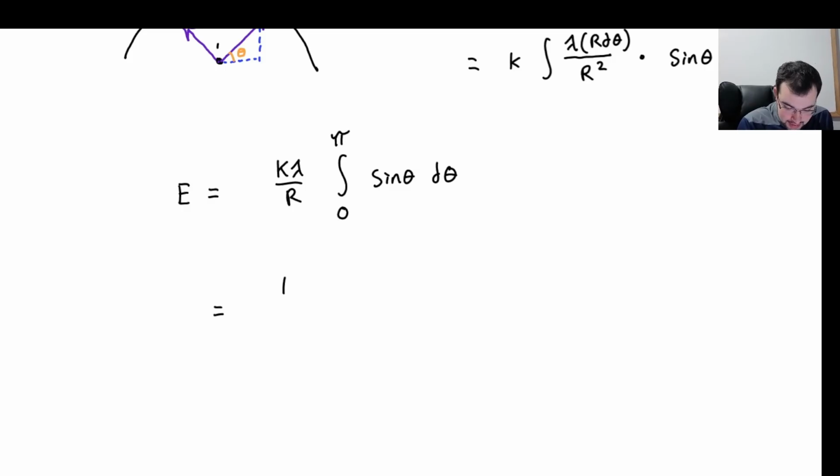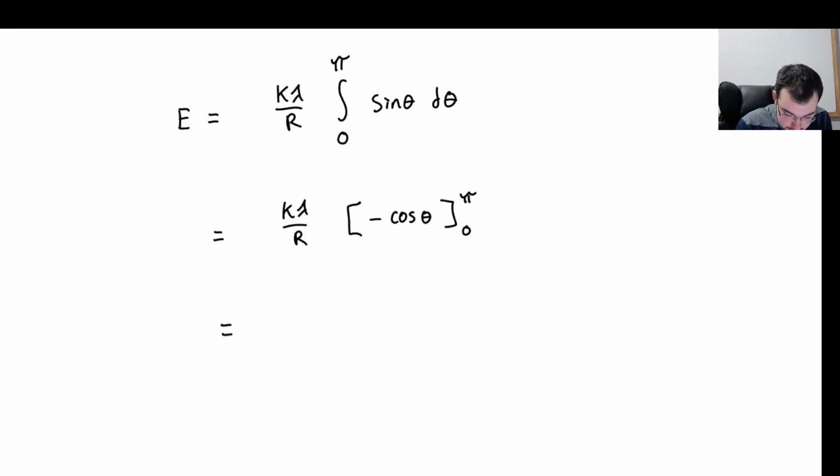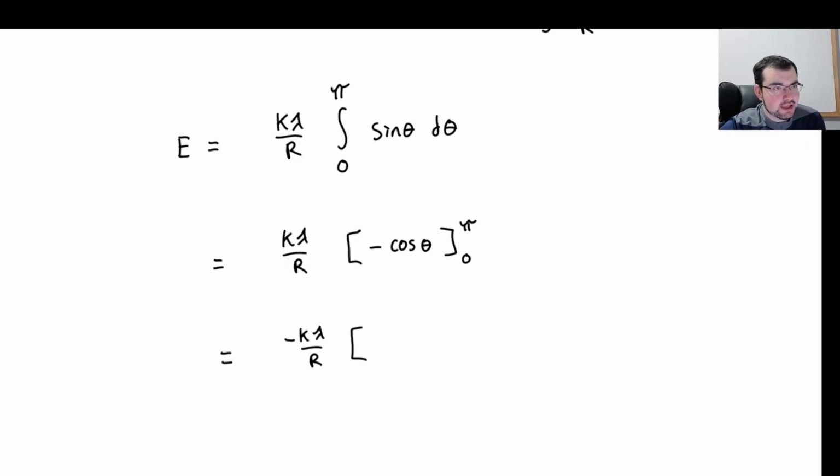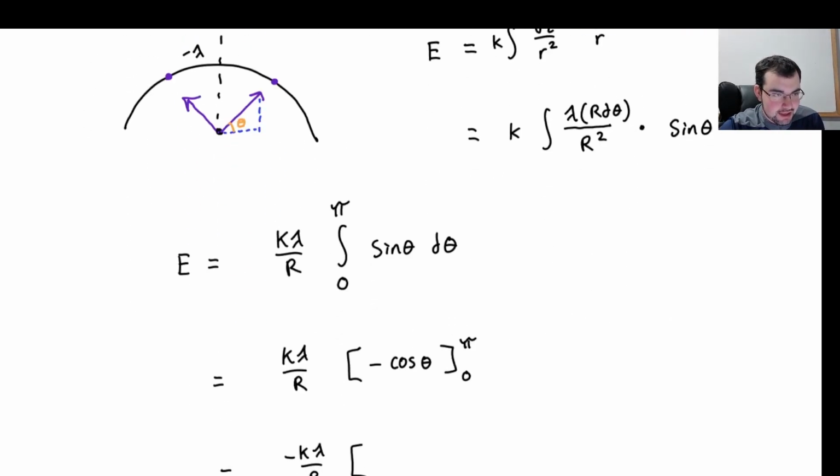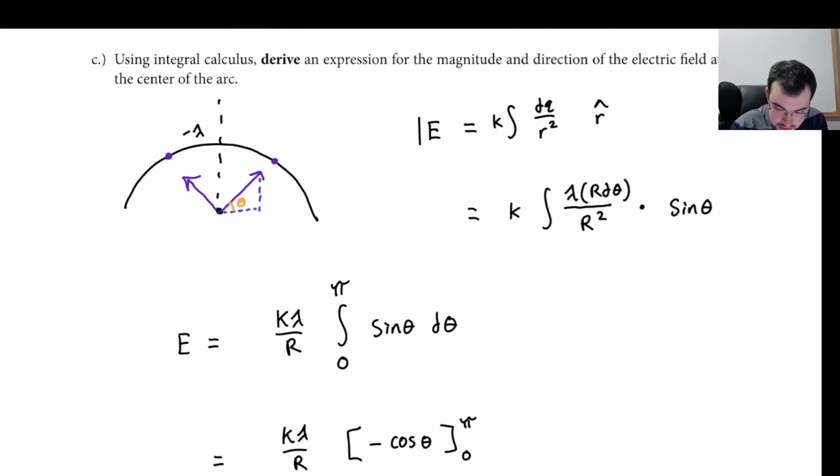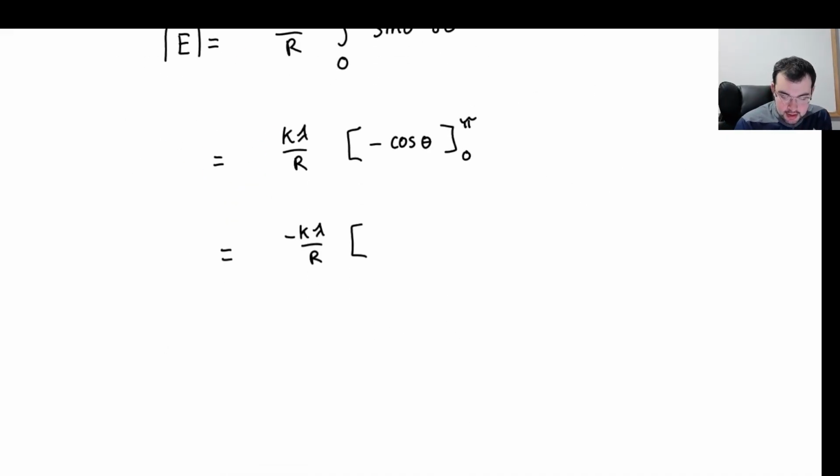So now we integrate that to get k lambda over r. The antiderivative of sine is negative cosine, so we'll factor that out. So negative k lambda over r. And we're just doing the magnitude in this case. Oh, we want the magnitude and the direction, but we'll do the magnitude first. So we get cosine of pi minus cosine of 0. Cosine of pi is negative 1.